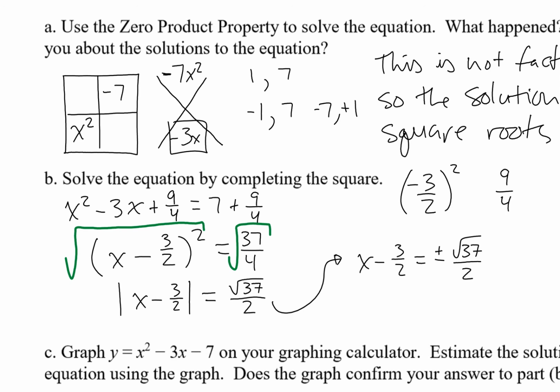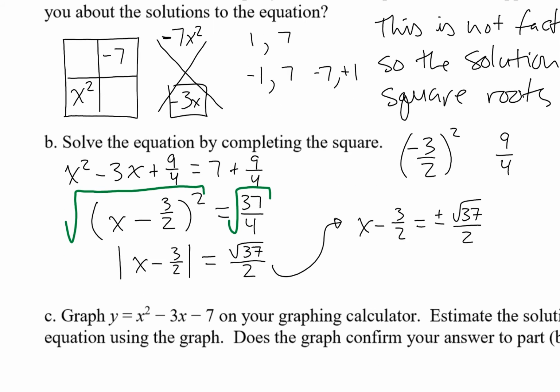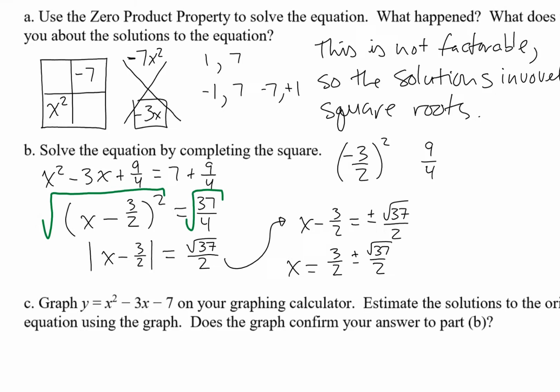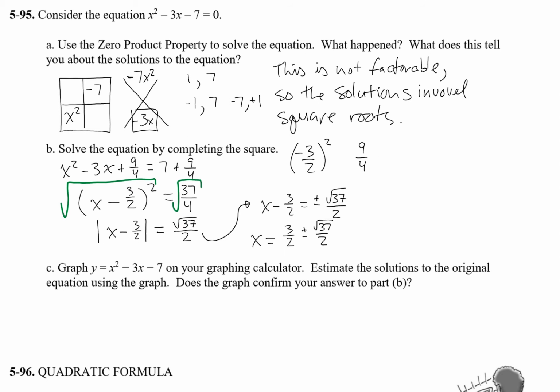And then as almost a final step, we're getting very close, I'm just going to go ahead and add 3/2 to both sides. So x is going to equal 3 over 2, plus or minus root 37 over 2. And I want to take this out one more step.